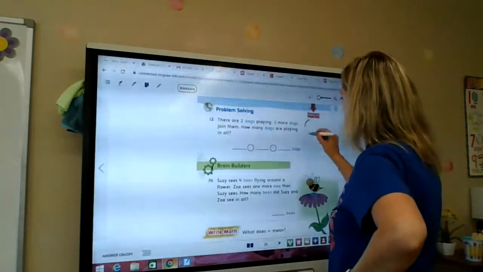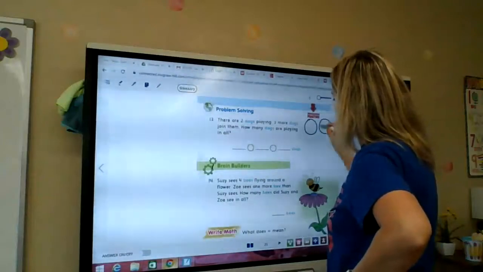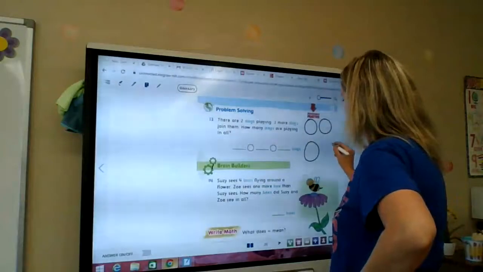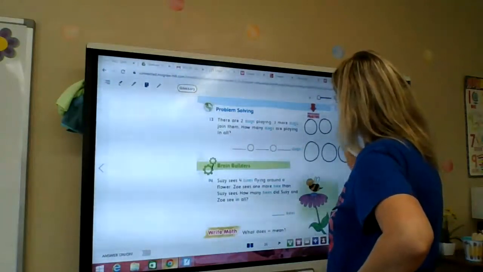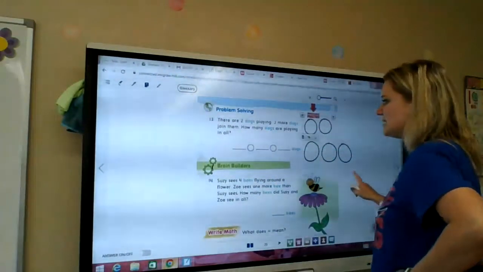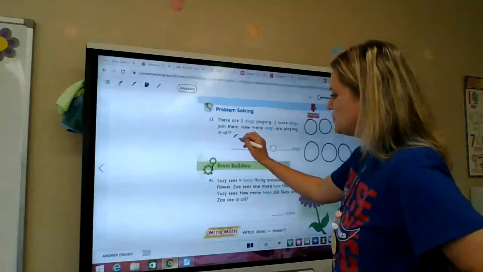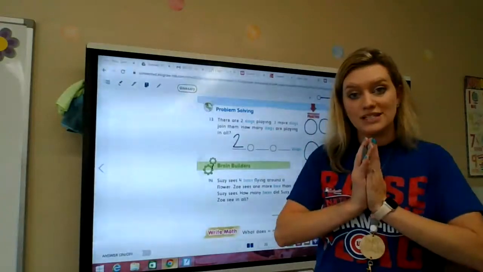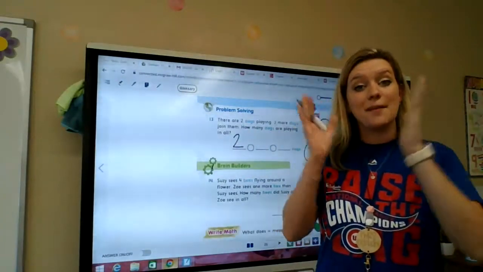Okay, so I have 2 dogs and 3 more dogs are playing. So there's the 2 puppies, and then here's the 3 other puppies that come. So I started with 2, right? And am I adding them? So if I add them, what sign should I use? I should use a plus sign.